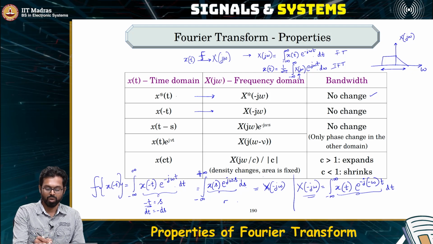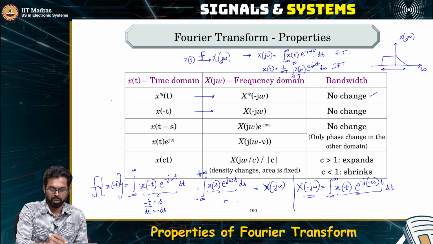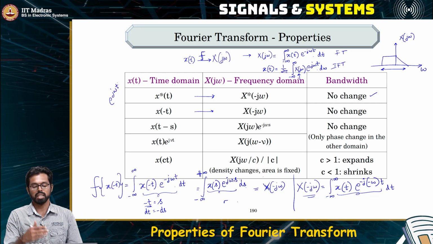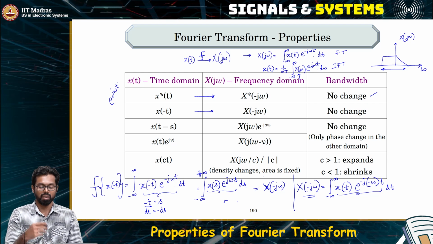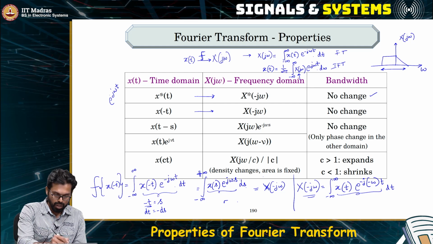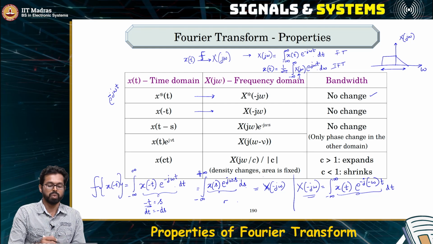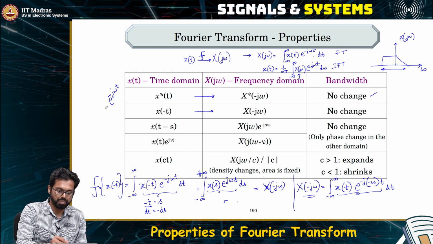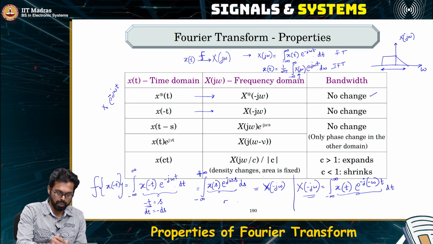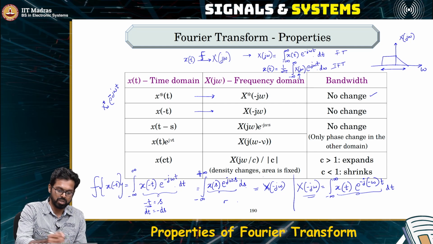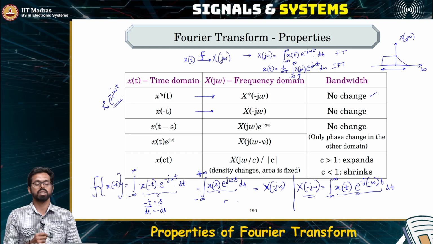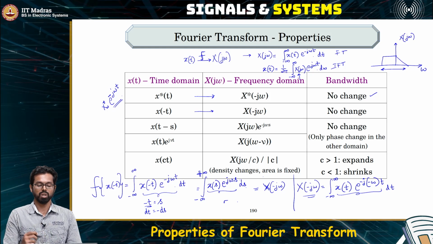What about the case of conjugation? Let us say there was a phasor e power j omega t present inside this x of t. When you take the conjugate of that, what do we do? We take the conjugate of its magnitude, and you are changing the direction of its rotation.